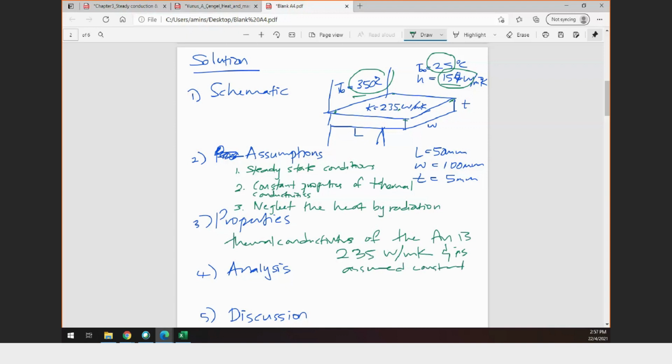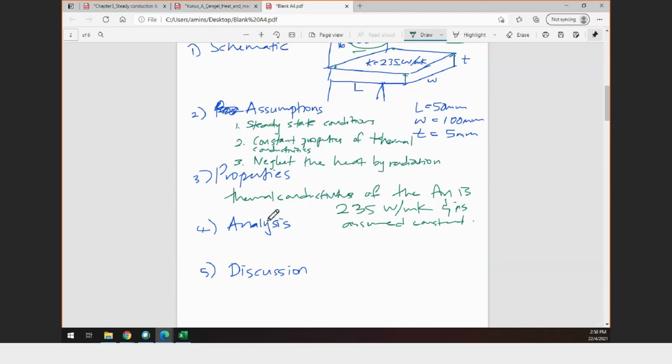This assumed constant is not compulsory, but it just gives you more understanding that this value will be constant throughout your analysis.